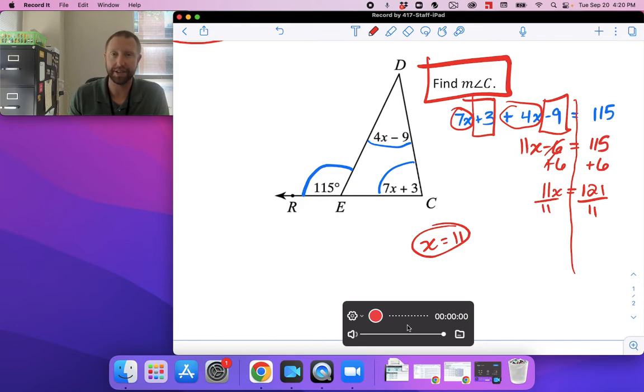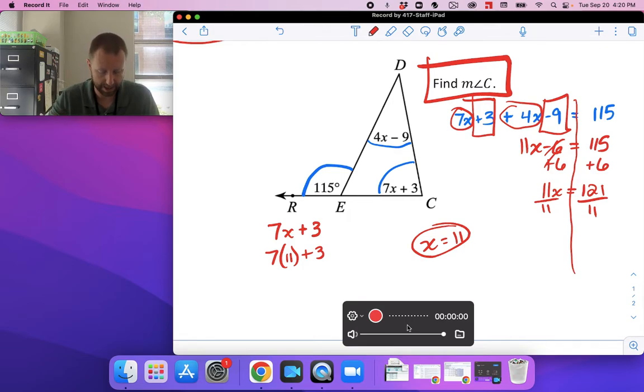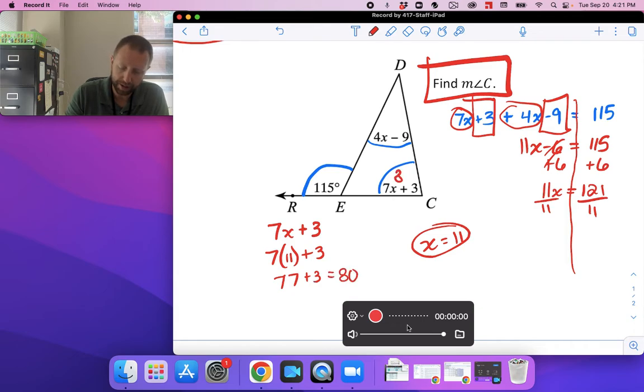I need x to do that because angle C, I'll write it off to the side here, is 7x plus 3. Well, if x is 11, I'm going to rewrite that. Now it's not 7 times x, it's 7 times 11. That's right, 7 times 11, 77. Seems like we just did that a minute ago. Plus 3, and 77 plus 3 equals 80. So I'm going to put 80 degrees right in there.